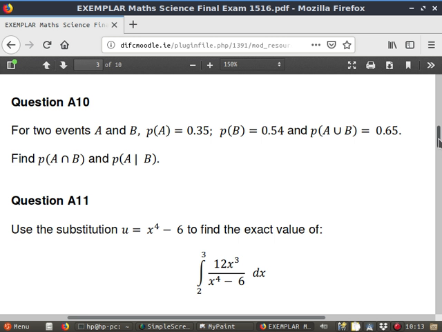Shouldn't there be a C as well? Why should there be a C? They don't add up to 1. What doesn't add up to 1? A and B? They shouldn't.